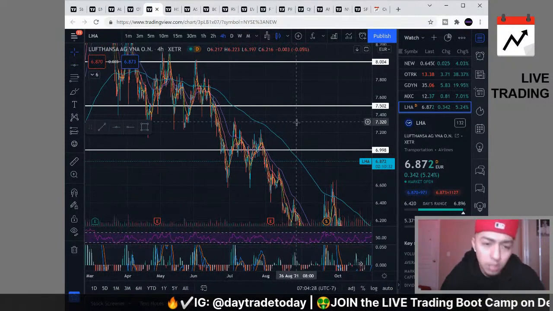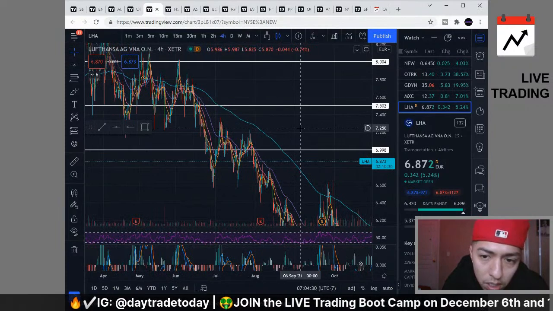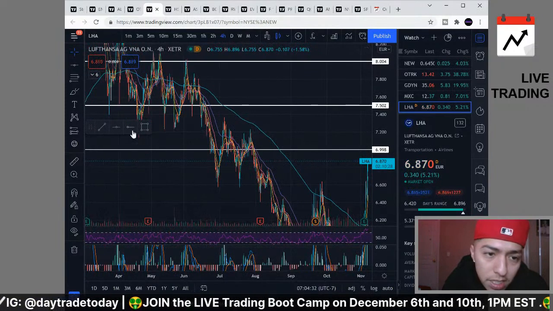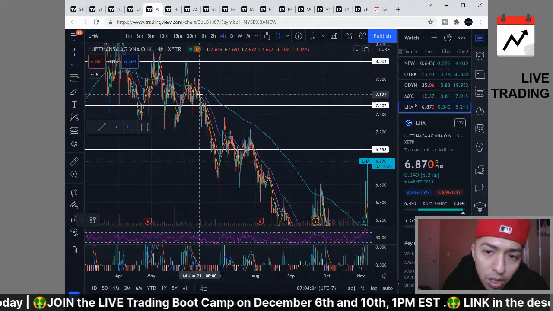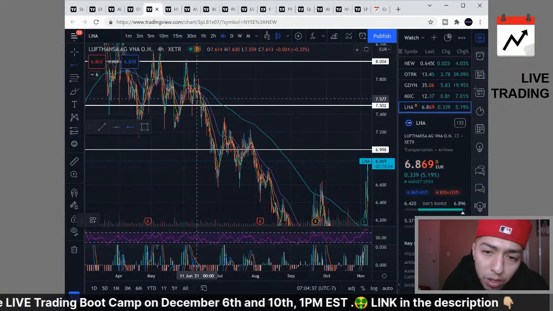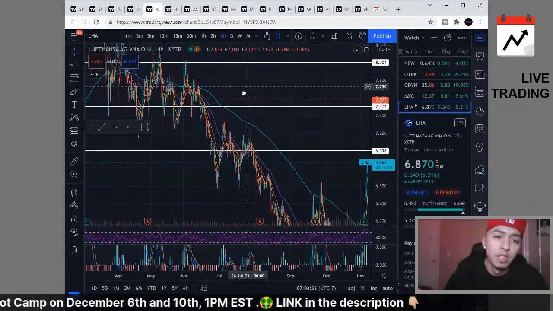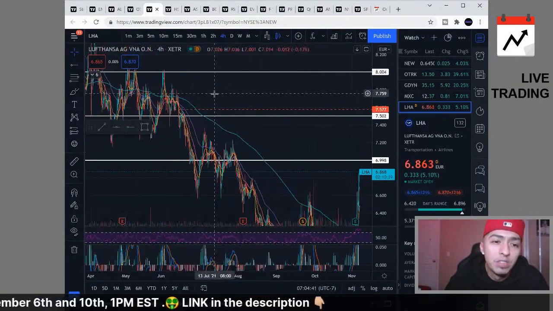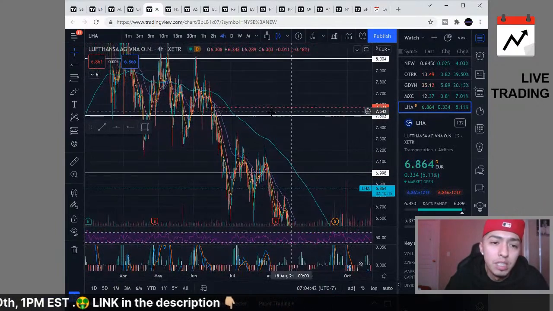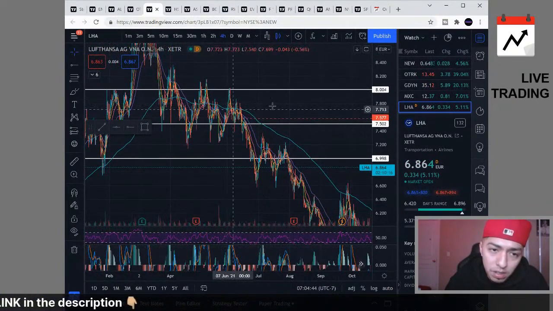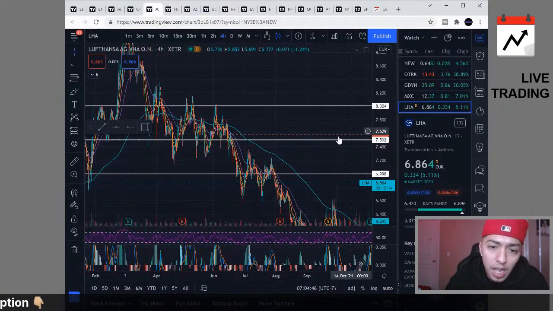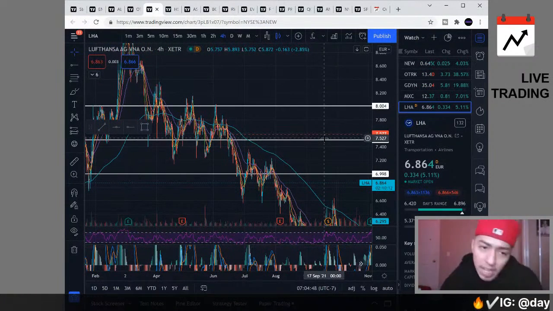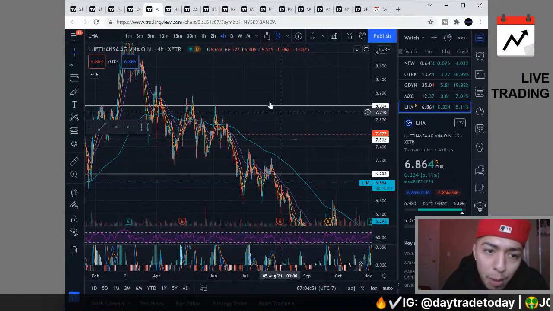Okay, so on this one, on LHA, I see a potential entry around 757. 757 entry. It's gonna be a bit risky just because there's a lot of resistance here. So I would consider this an early entry and then exit maybe around 780.